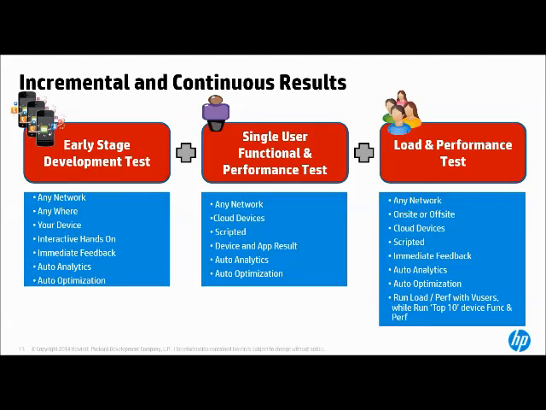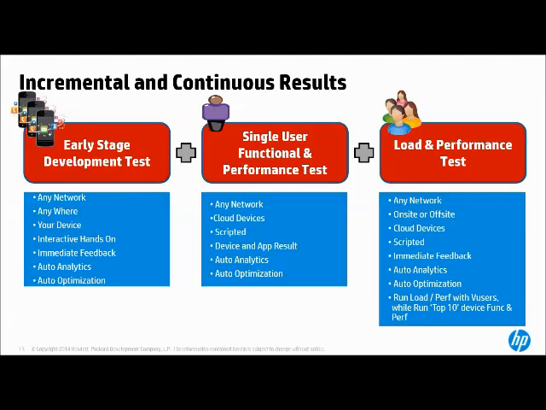So first, starting with, hey, we're in our early stage development. We want to start doing some testing. So we want to be able to test on any network, anywhere in the world, on their device, with some sort of interactive, hands-on capability, providing immediate feedback, also doing automatic or automated analytics and automated optimization recommendations.